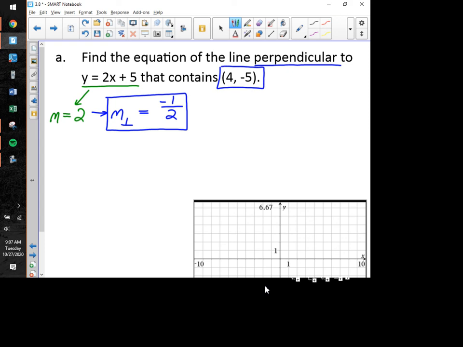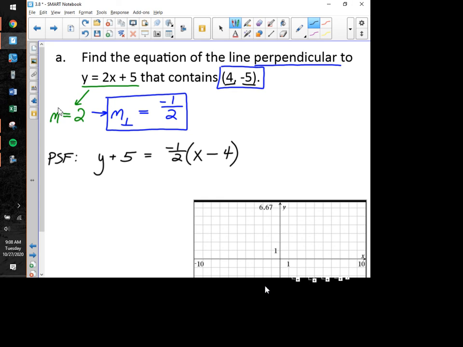So if we know a slope and we know a point, we're going to begin originally by going to point-slope form, and here goes. y minus your y-coordinate. Well, minus negative 5 is going to show up as plus 5, equals your slope, which is negative 1/2, times x minus your x-coordinate, which is 4.